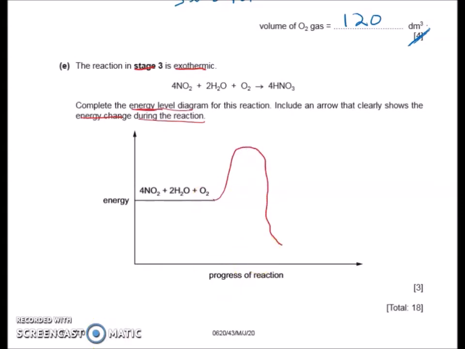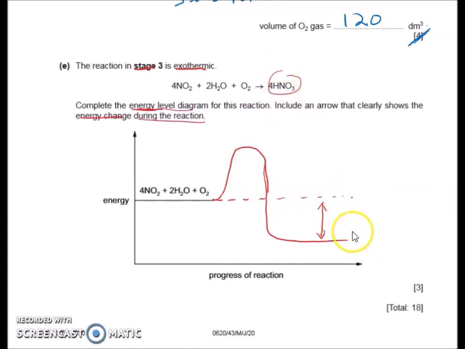Let me draw it better. So a straight line that goes here at this part. You can draw a dotted line over here. This is the energy that is released. Here you can draw the product.